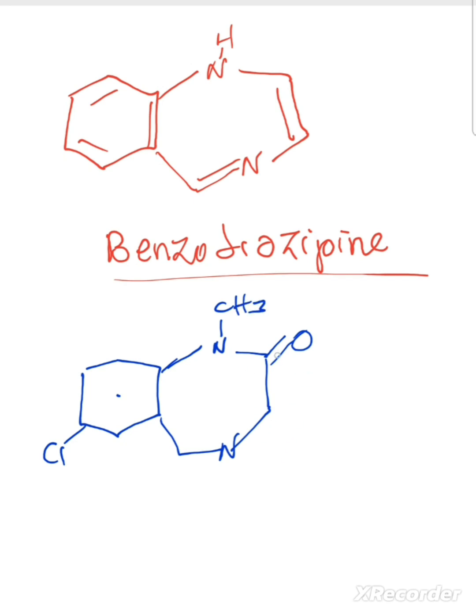Then here, which is 1, 2. All right, so going to have this. Then we're going to have this there, and this is a benzene, right? Okay, good, something like that.